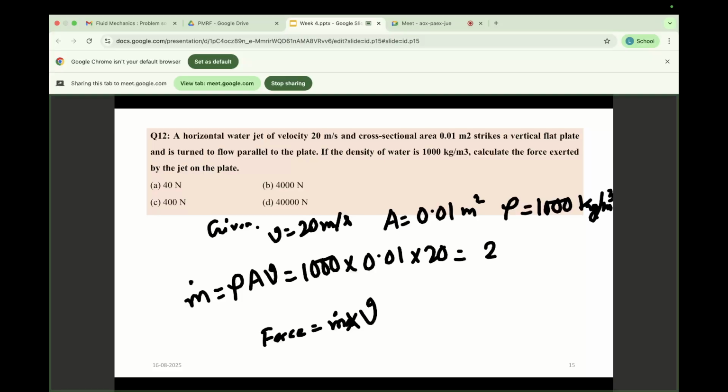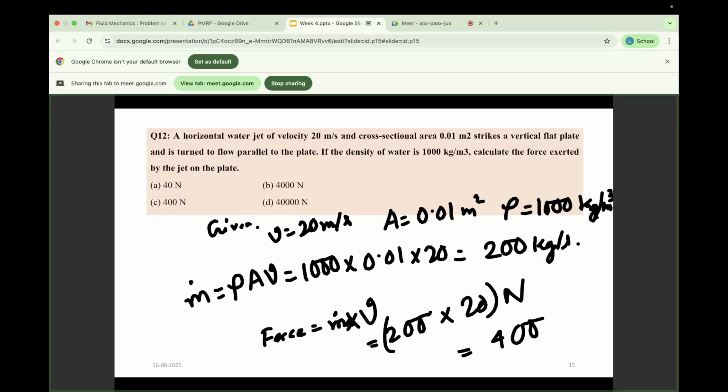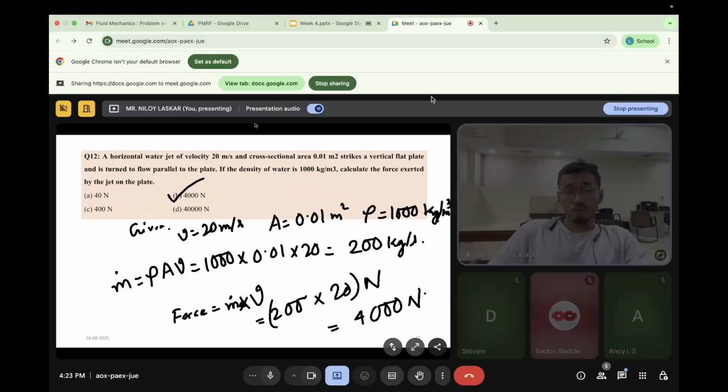I will get 200 kg per second. So m dot I got as 200 into velocity is 20. So kg per second into velocity, that means force, in Newton, that is 4000 Newton. So option B is the correct option. So all of you are right.